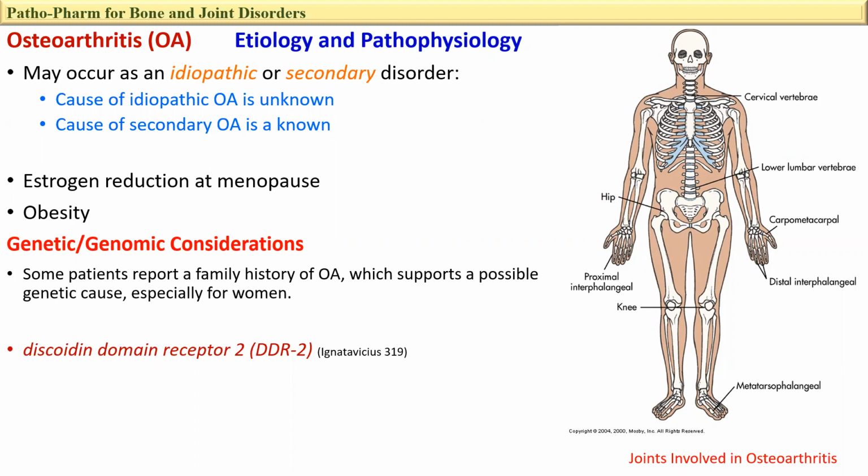The idiopathic cause or factors are unknown, but we have identified causes or events for the secondary osteoarthritis, like estrogen reduction at menopause, genetic factors, obesity, which will result from the cartilage damage that triggers the metabolic response at the level of the chondrocytes.